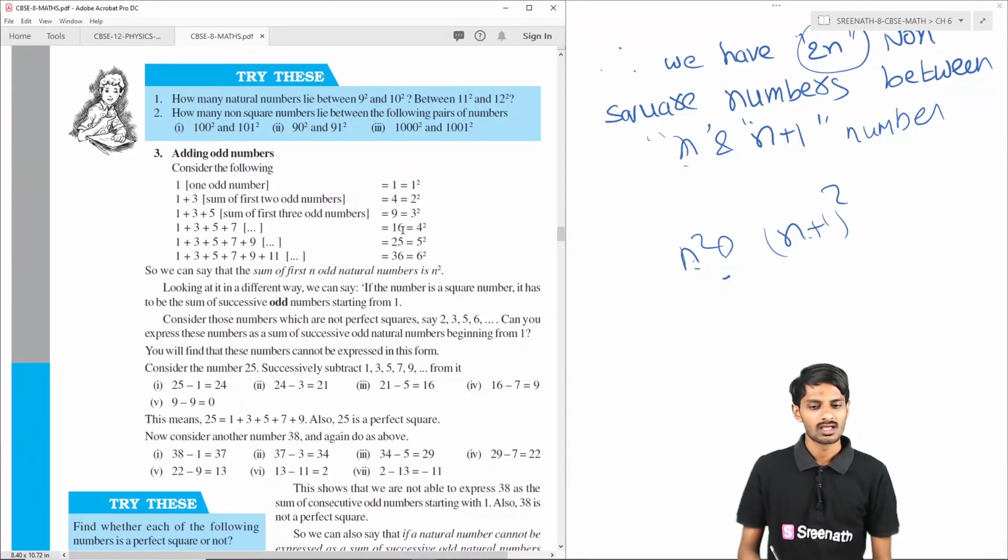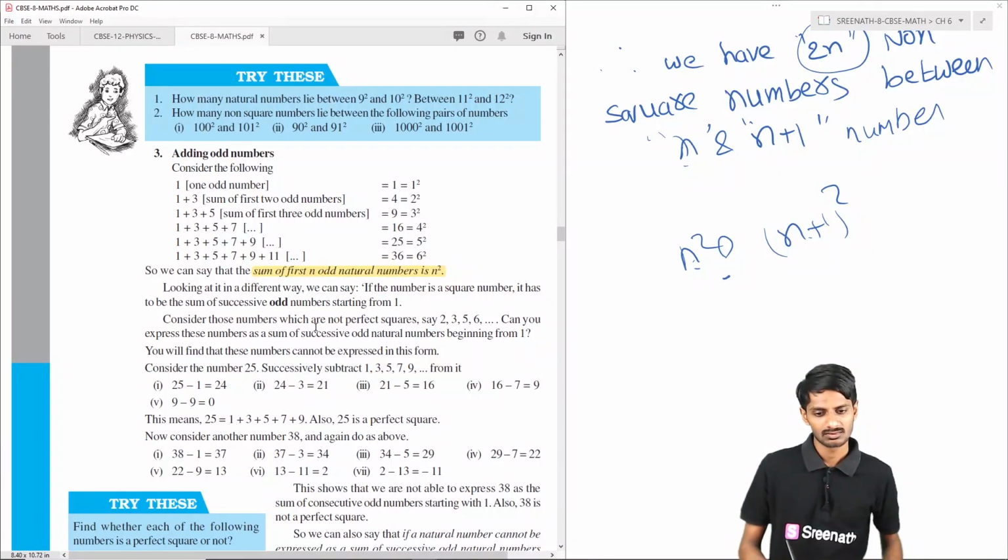Okay students, so the sum of the first n odd natural numbers is n square. Here we are only adding the odd numbers starting from the beginning. It will give rise to n square, students.